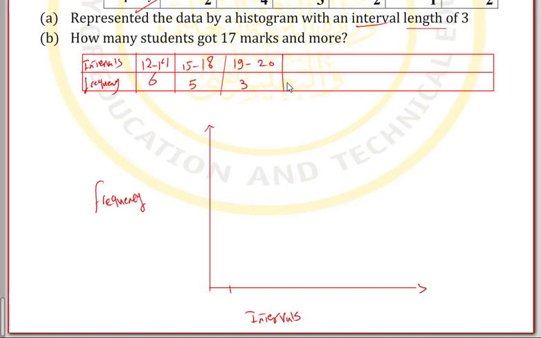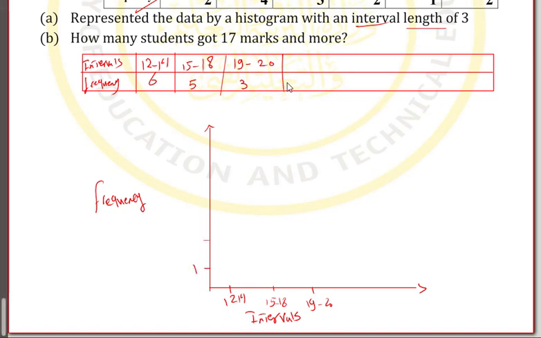So the intervals are 12 to 14, the first one, the second one is 15 to 18, and 19 to 20.